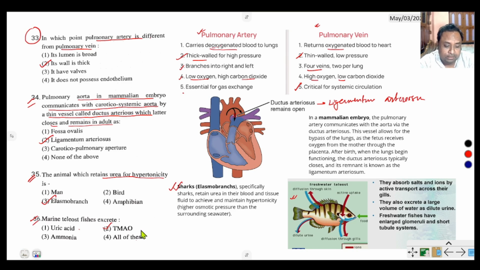The full form of this is trimethylamine oxide. Osmolyte means the chemicals that balance the osmotic balance or ion balance in the organism. Okay, the answer is TMAO, trimethylamine oxide.